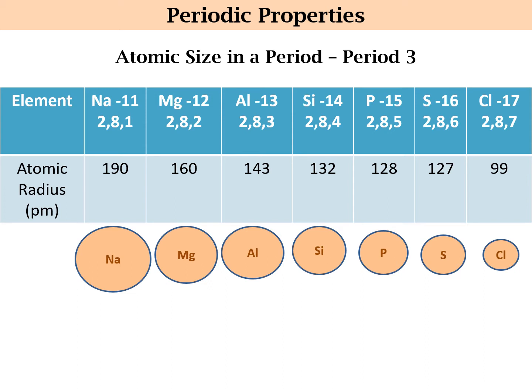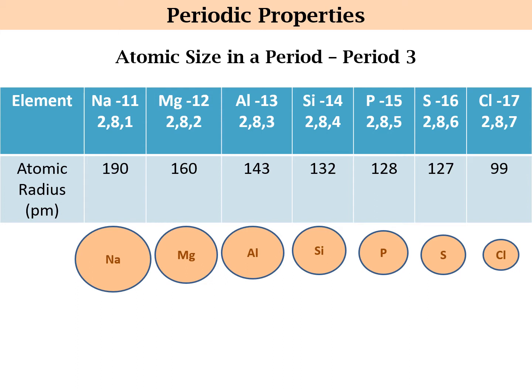So, as the atomic number goes on increasing, we find that the nucleus exerts more and more force to hold on to the extra electrons that are going on adding to the valence shell of elements. And as this force goes on increasing from left to right, we find that the size of the atom goes on decreasing.